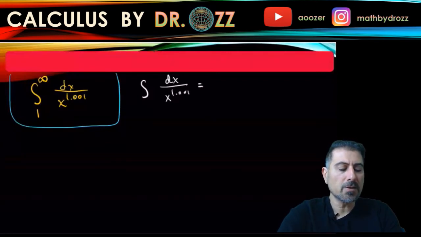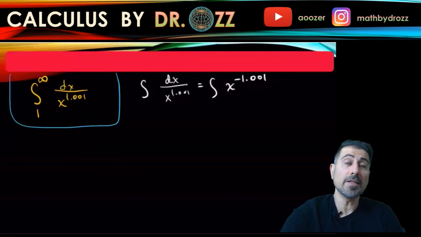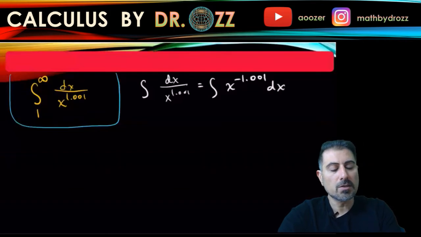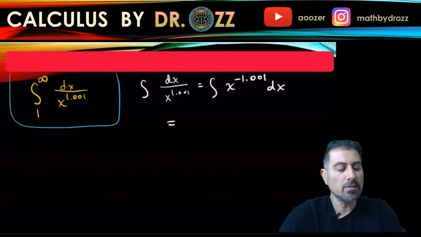To integrate this function, I'm going to write it as x to the power of minus 1.001 so that I can use the power rule for integration, which says that you add 1 to the exponent and divide by the new exponent.